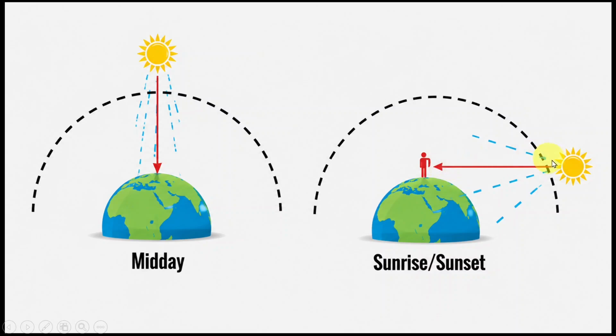It travels a longer distance, so it has encountered lots of these dust particles, fine particles in the atmosphere. They scatter the blue light, they scatter all the heavier light, and what is left is the red spectrum. So that is why the atmosphere is red.